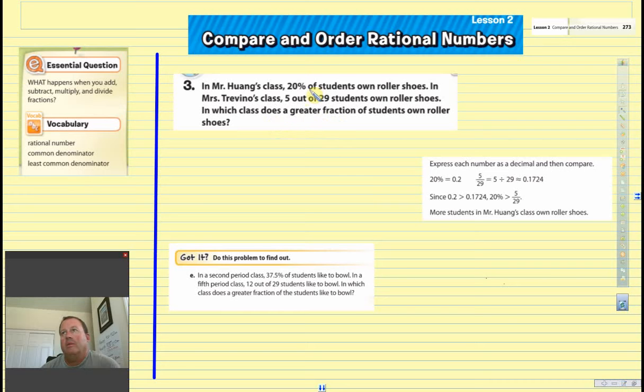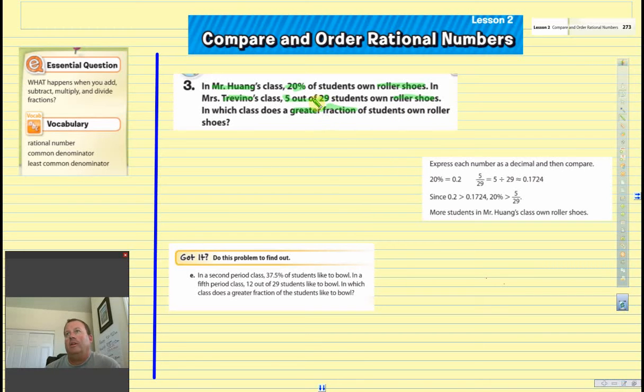Okay, I'm going to take my highlighter out. In Mr. Wang's class, 20% of the students own roller shoes. In Miss Trevino's class, 5 out of 29 students own roller shoes. Which is a greater fraction?